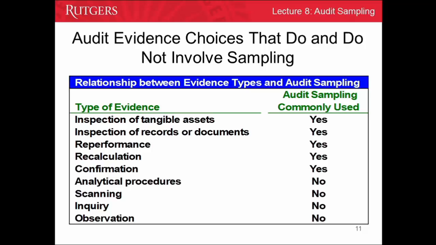This slide lists the types of evidence that are commonly gathered using audit sampling as well as types where sampling is generally not used. So we can see that audit sampling is commonly used when auditors inspect the tangible assets or the records or documents, and when they conduct a reperformance, recalculation, and confirmation process. But for the analytical procedures, scanning, inquiry, and observation, sampling is not commonly used.